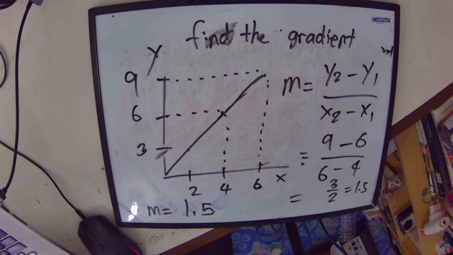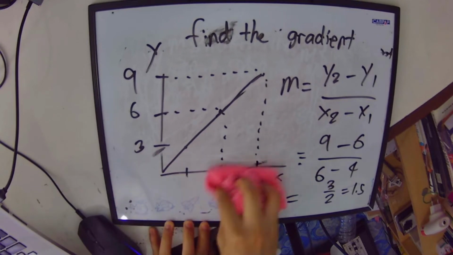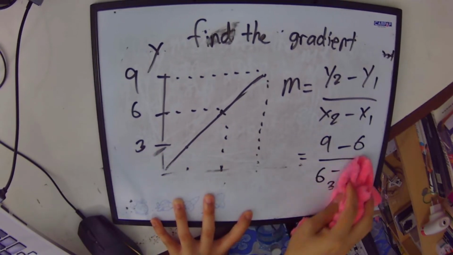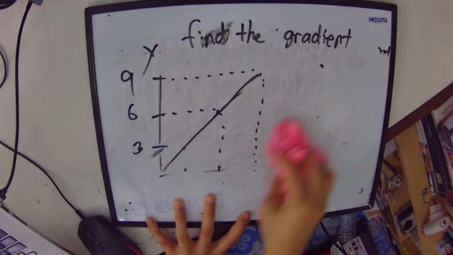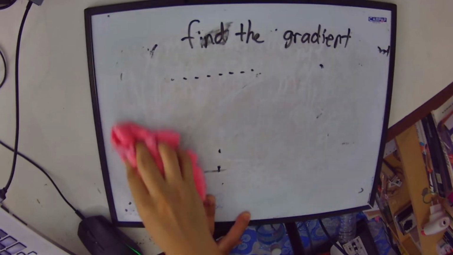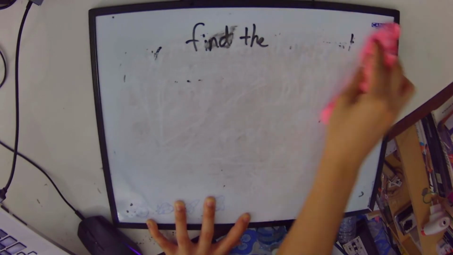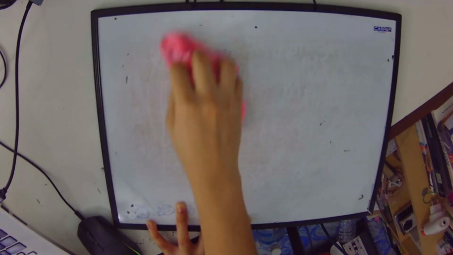Okay, let's do another example. Kali ini kamu coba, kita buat lagi satu contoh. Kamu lagi cari gradient. Saya tahu kamu sudah pernah buat ini, but as a review for all of us. Okay, let's start.